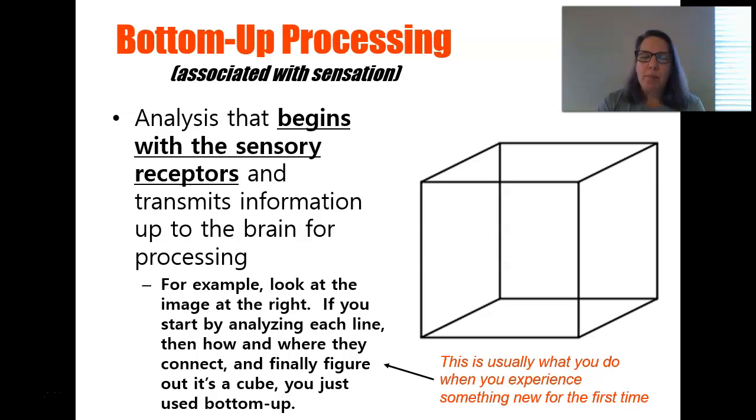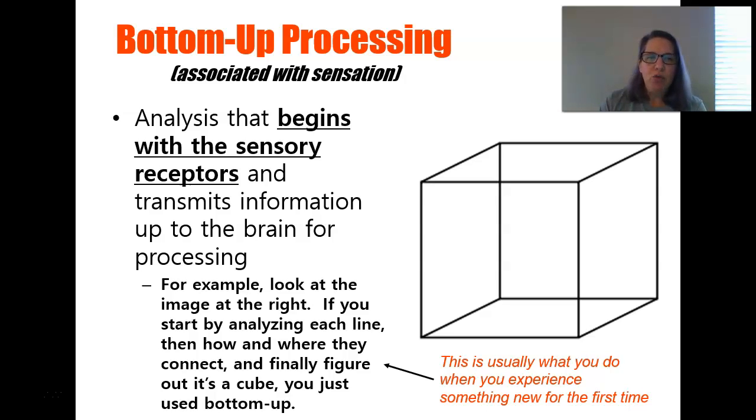Okay, so bottom-up processing. Bottom-up processing is what we associate with sensation. So bottom-up processing is an analysis that begins with our sensory receptors. So it transmits this information that we're getting in from our senses to the brain to be processed.